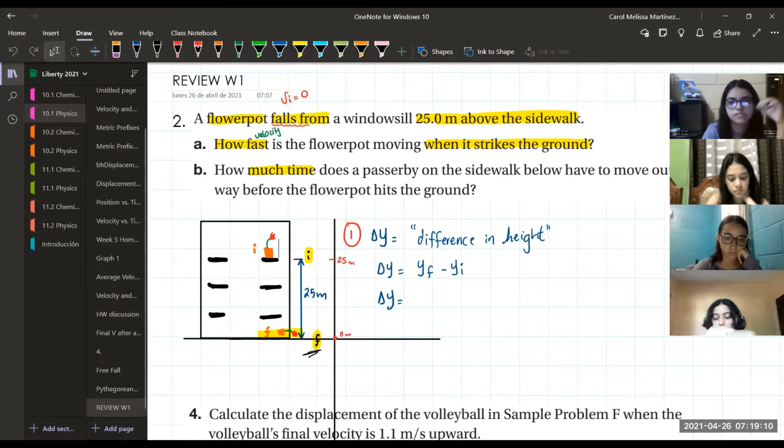Okay, so that's always good, if you can draw a reference. And a good reference is always a coordinate plane.